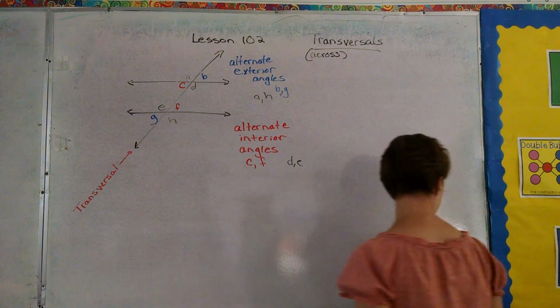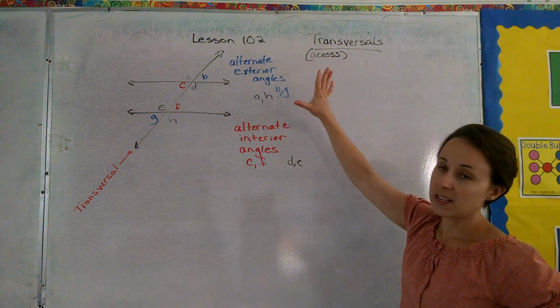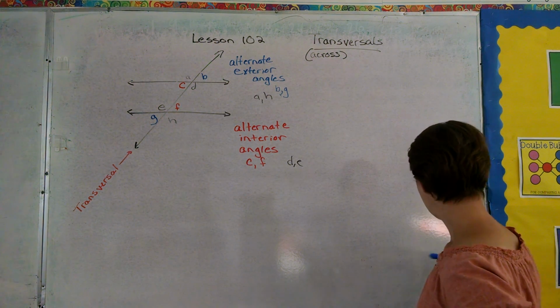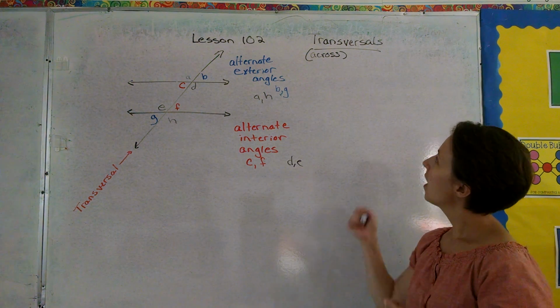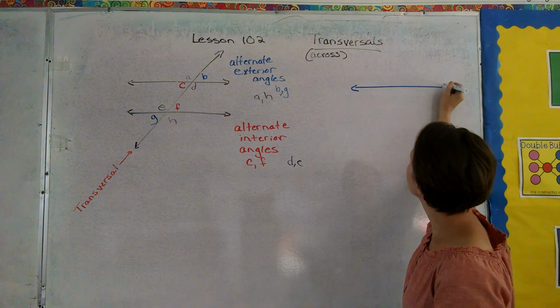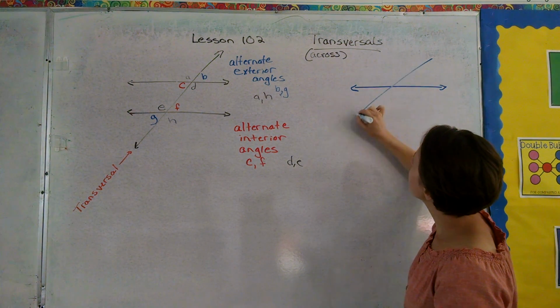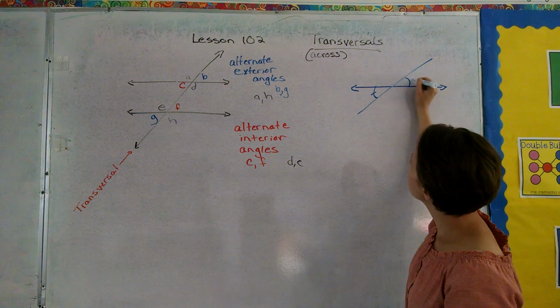Now comes the fun part. You can solve lots of problems using the transversal. Here's what you need to remember. We learned before that if we have a line, kind of like we do for our parallel line, and another line crosses it, we know that these angles are the same.